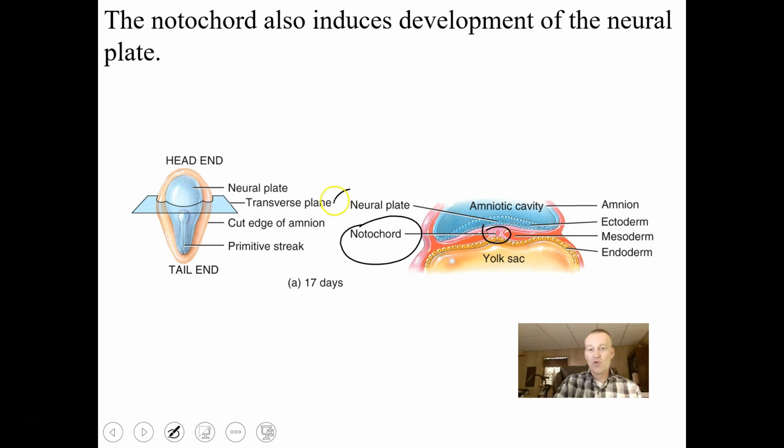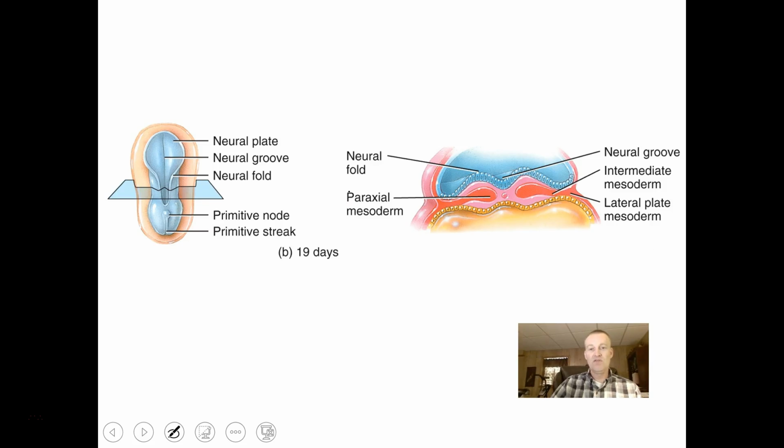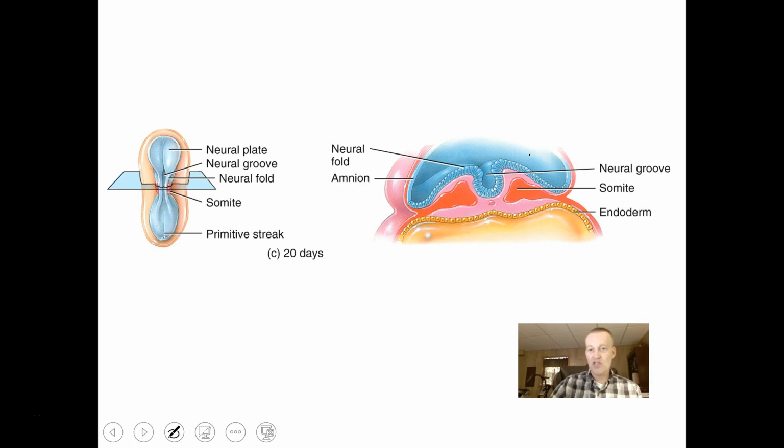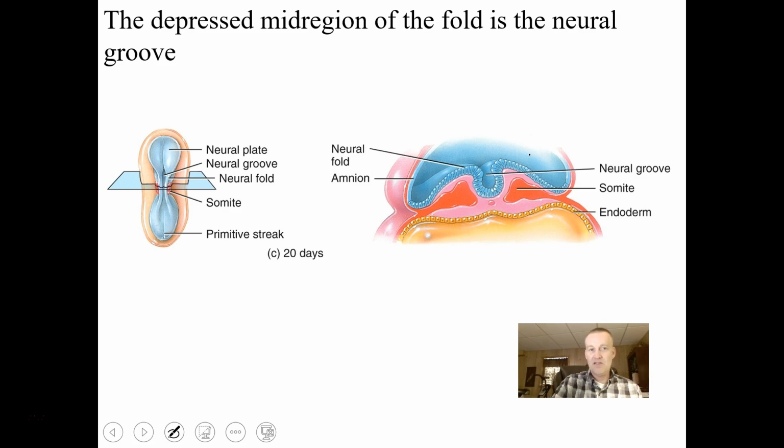The neural plate will be where the nervous system is going to develop, and that's pretty important. The plate develops into a fold, so you can see a fold occurring right there, and it's going to form a groove. The lateral edges are going to become elevated. As you can see, they're elevating in this direction here. They keep on elevating and migrating towards each other.